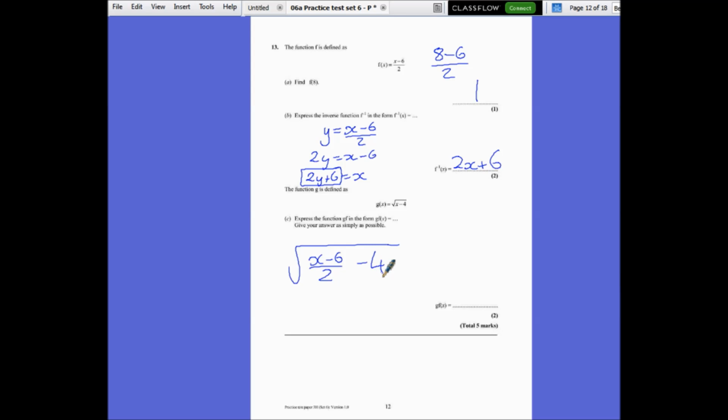And then take 4 in the end. Obviously we want to put all that together. So if we want to put the minus 4 over divided by 2, if we change that to an 8, I can then put it as divided by 2 as well. And then that would give us the square root of x minus 14 over 2 as your final answer.